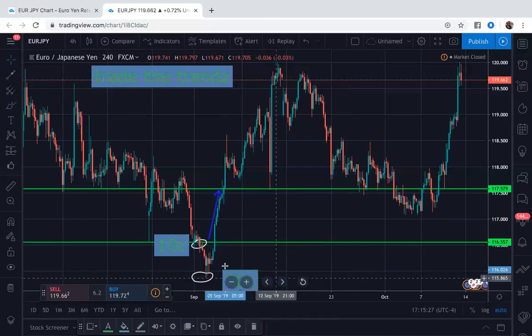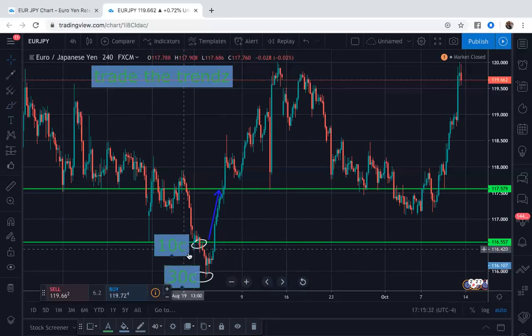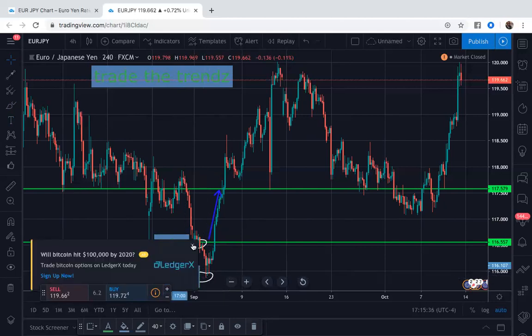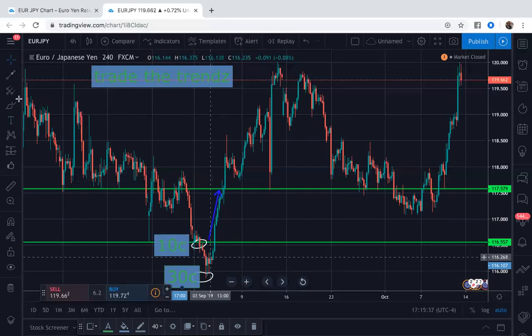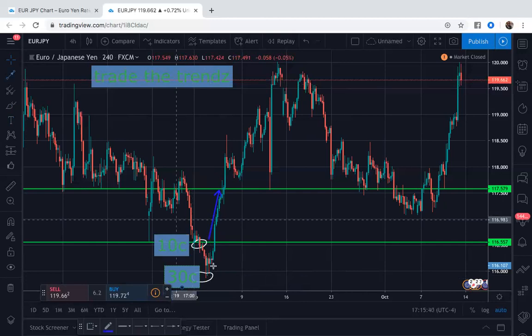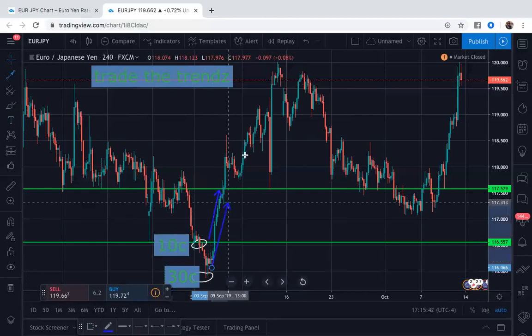Now that we have our 10-cent trade that's negative $3, we put in that 30-cent trade, and now it actually pulls the right way from here to here. You see that? And it keeps rising.